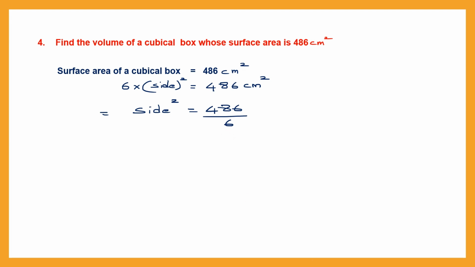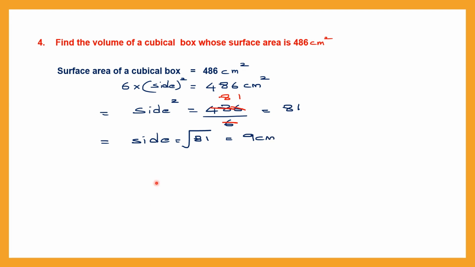So now I can cancel here. 6 eights are 48 and 6 ones are 6. So now I have side square is 81. That means if I have to find the side alone, I have to just find the square root of 81. And what is the square root of 81? 9. Side is now equal to 9 centimeters.